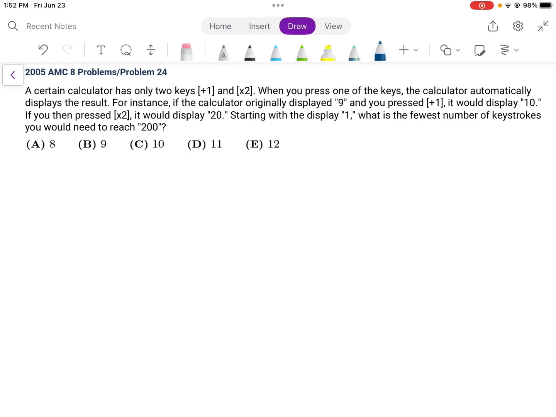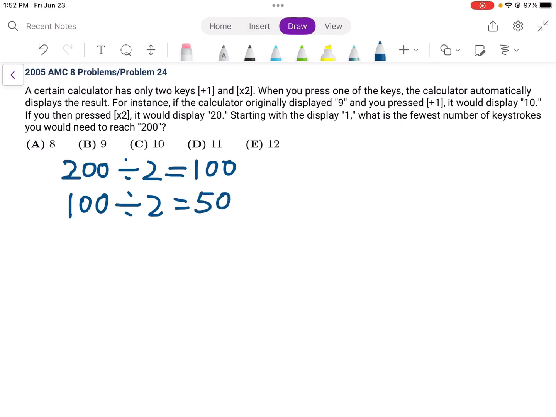Therefore, we first use 200 divide 2, and that gives us 100. And again, 100 is divisible by 2, so we continue to use 100 to divide 2, and that's 50. Again, 50 is divisible by 2, so we use 50 to divide 2, that is 25.